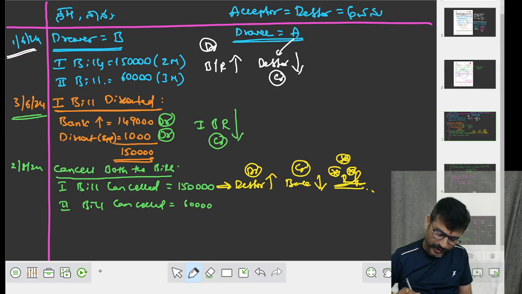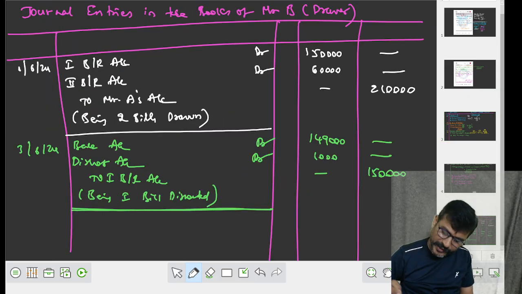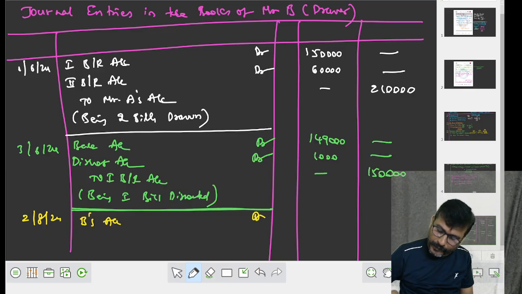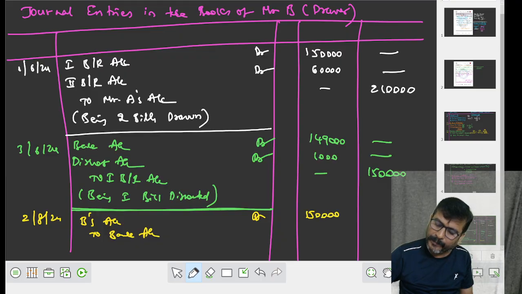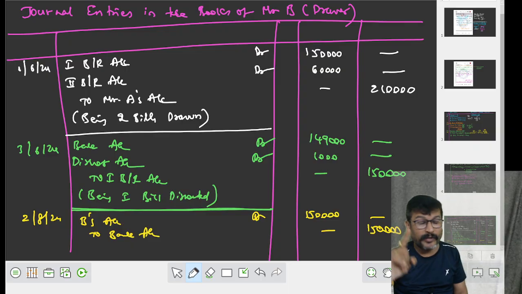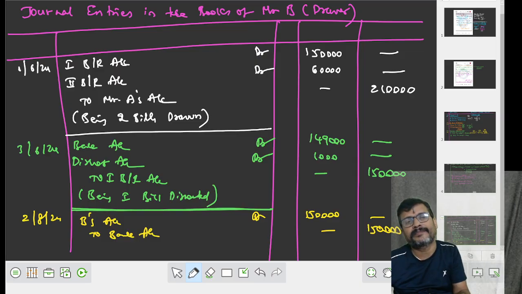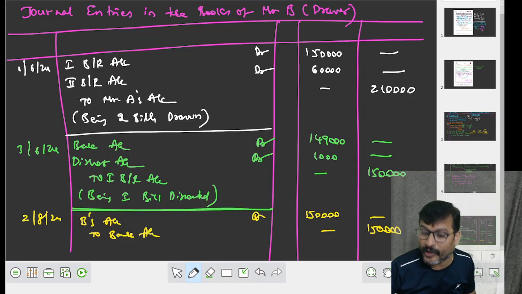Who is debtor on 2nd August? Who is debtor? B only, right? B's account debit to bank account. कितना अमाउंट लेना? Full 1,50,000. Even if you have any noting charges, that noting charges is also to be added. Not the discounted 1,49,000.